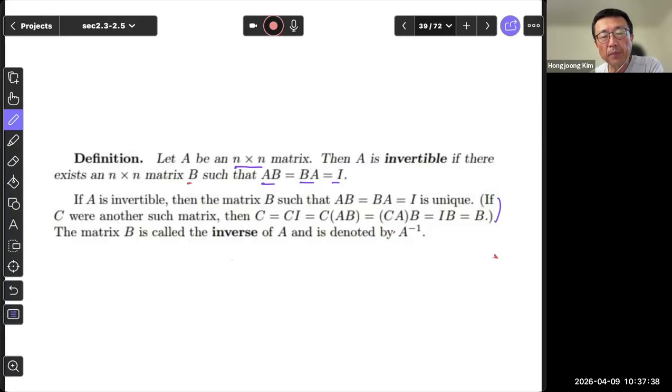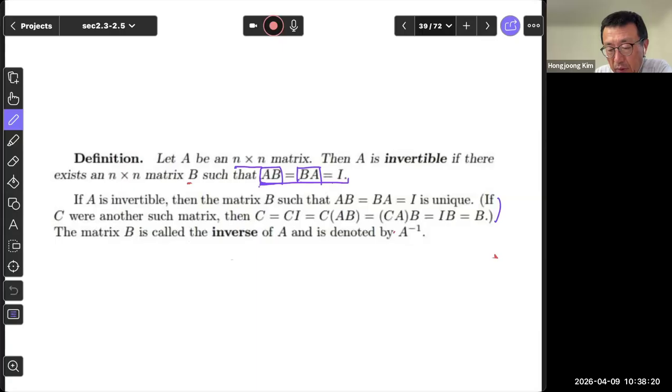A must be an n by n square matrix in order to have this condition, because in order to consider the product of A and B, the number of columns in A must match the number of rows in B. And if I think of B times A, then the number of columns of B must be the same as the number of rows in A. So in order to define AB equals BA equals I, A and B must be n by n square matrices.